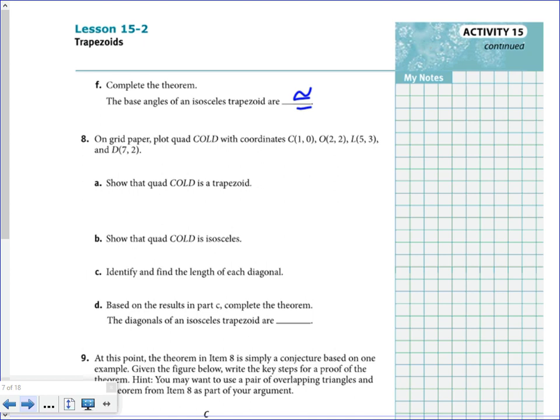If it's just a regular old trapezoid, that doesn't mean that your base angles have to be congruent. So now we're going to look at number 8. The first thing that we need to do is to plot it.